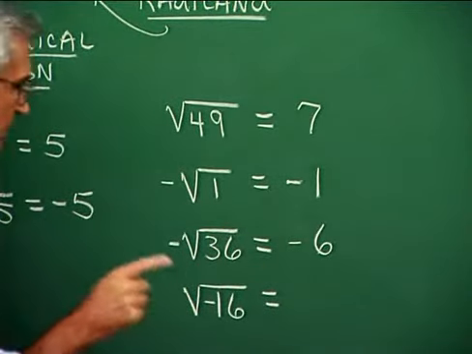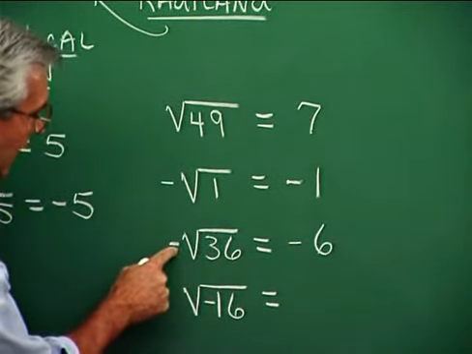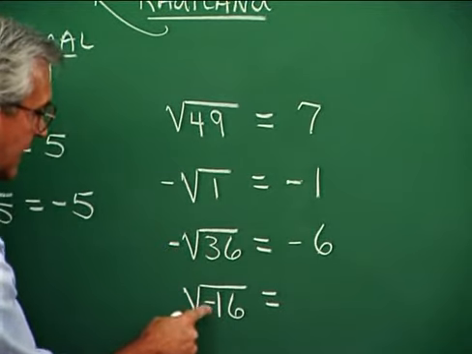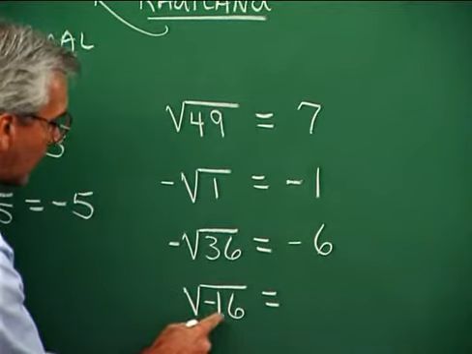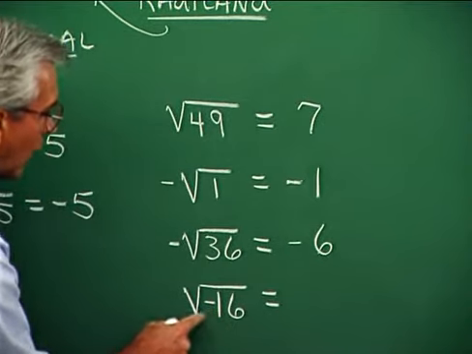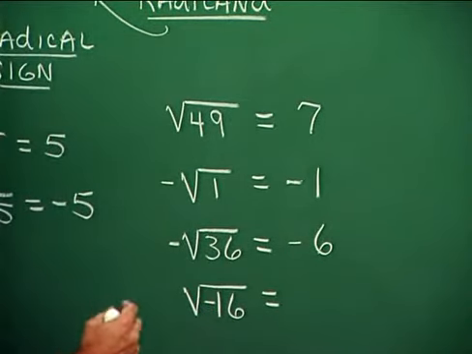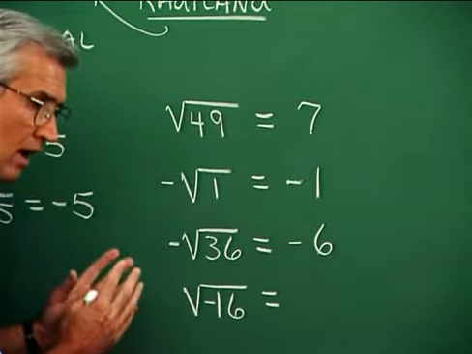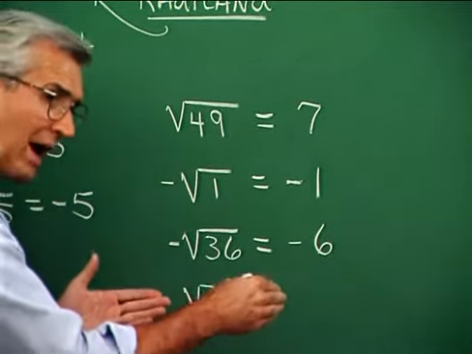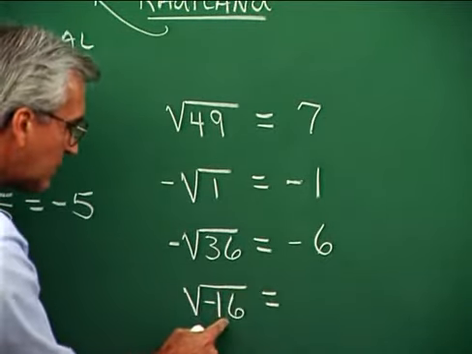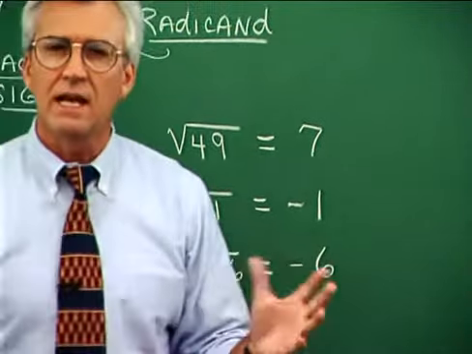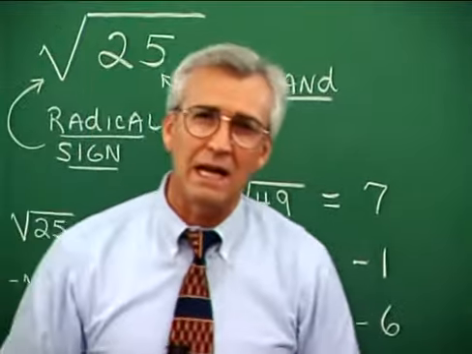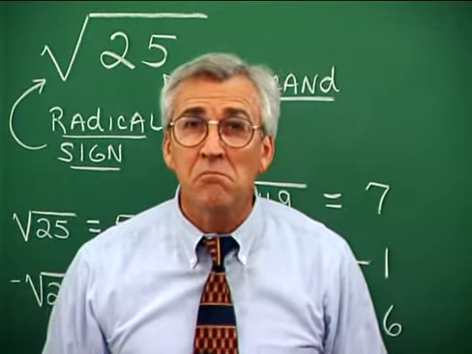Now, there's a big difference between having a minus sign out here to the left of the radical sign and having a negative sign inside of the radical, or as part of the radicand. The square root of negative 16 would be a request for a number which, when squared, gives negative 16. That is, what number times itself is negative 16? Is there any such number we can multiply times itself to get negative 16?